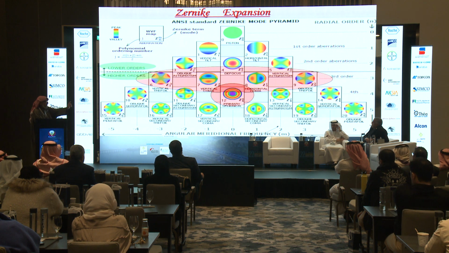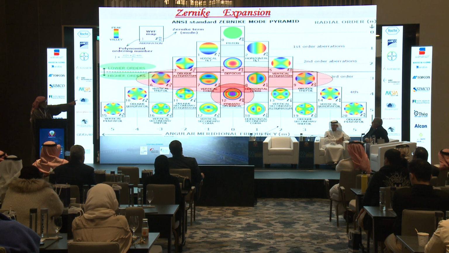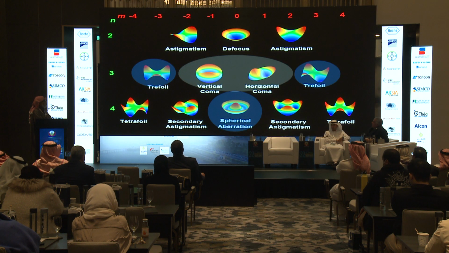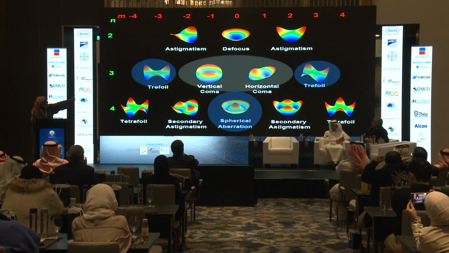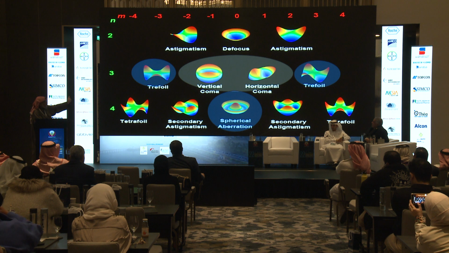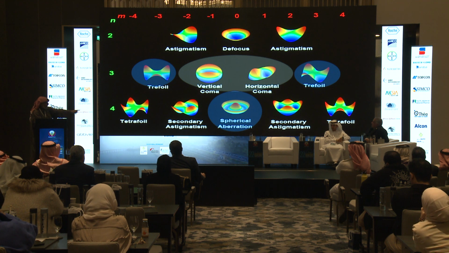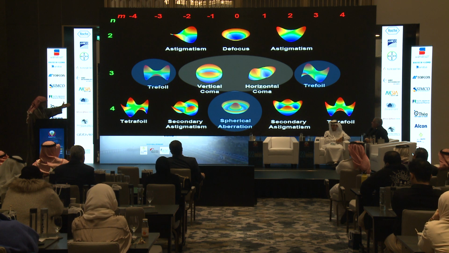So 7, 8, and 12 are the most important. Yet the trefoil, whether vertical or oblique, is to some extent important. Secondary astigmatism and trefoil are not that important.